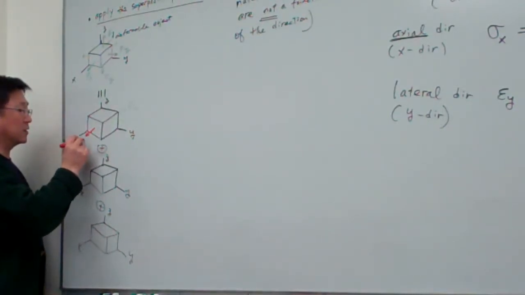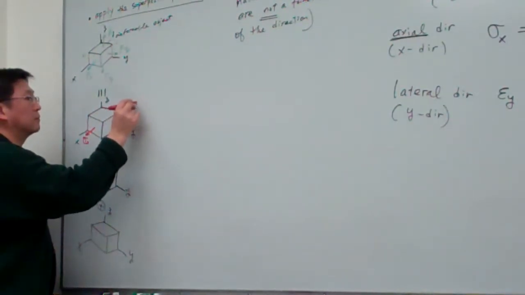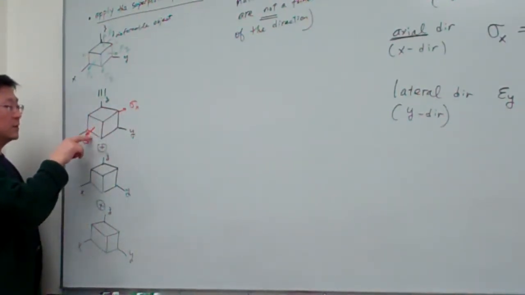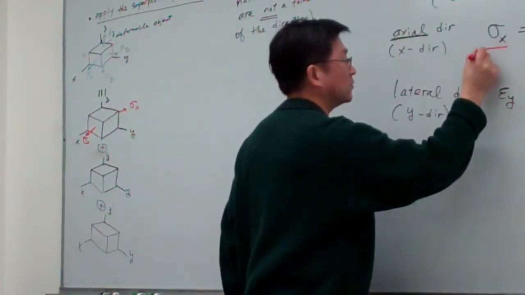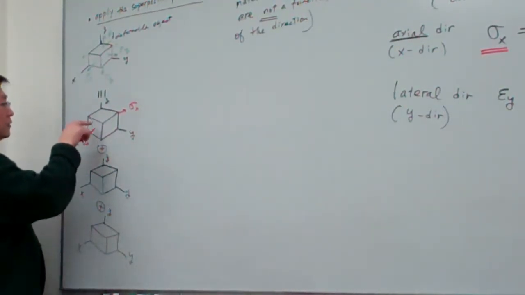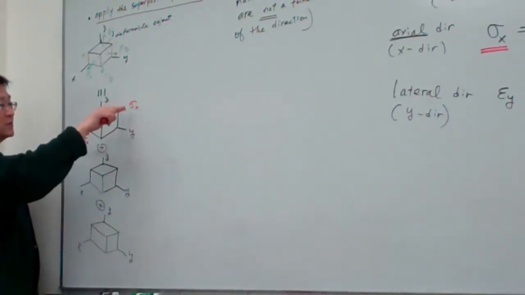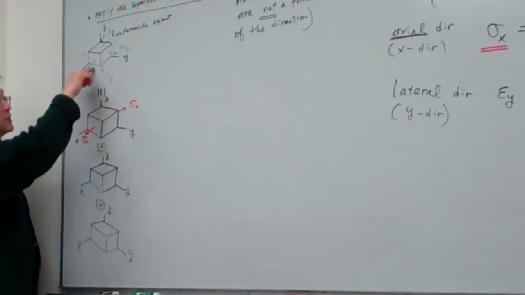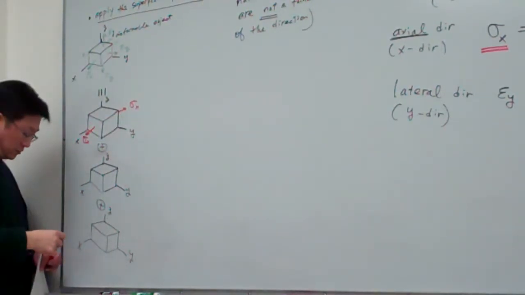Let me write sigma x. So again, this is the axial stress, which means right now I'm writing this component. For this case, x is the direction of the loading, which means I decompose Fx. And so that is the case.